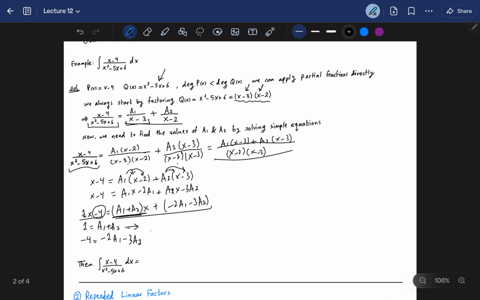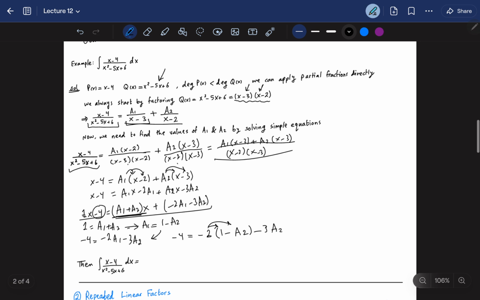So if we take the first equation and write a1 to be 1 minus a2, and then we plug it into the second equation, we should be able to solve it. So now I get negative 4 is equal to negative 2, then instead of a1, I'm going to write 1 minus a2, plus negative 3a2.